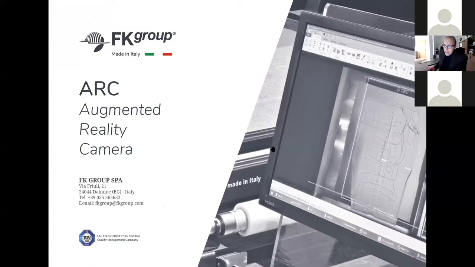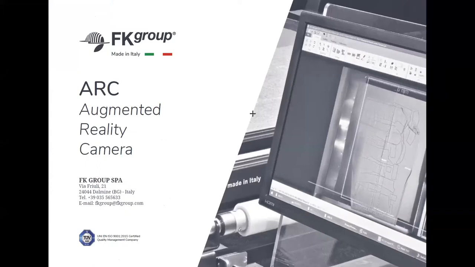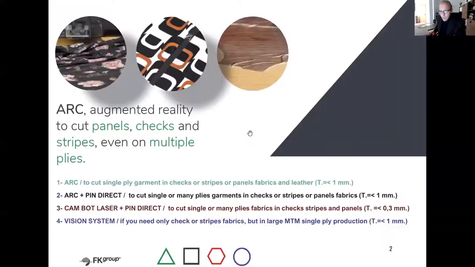The most important point is to understand in which kind of application we are using such kinds of technology. ARC, augmented reality to cut panels. This is the key point. It's a technology able to be used for cut panels, checks, and stripes, even multiply.